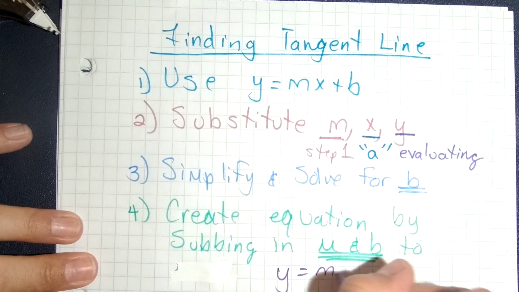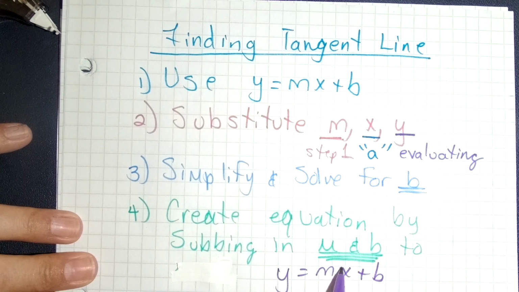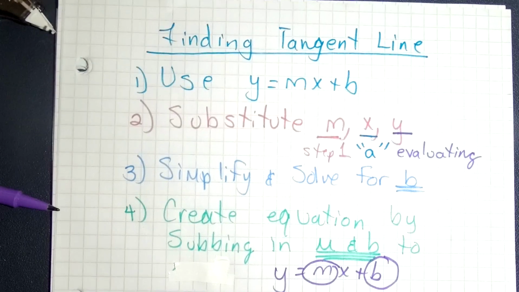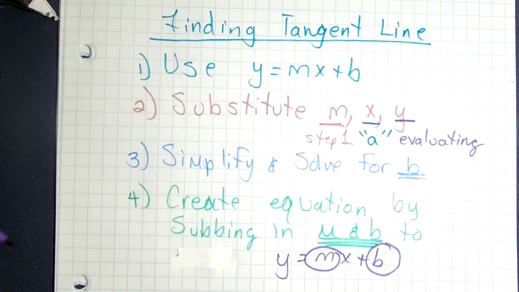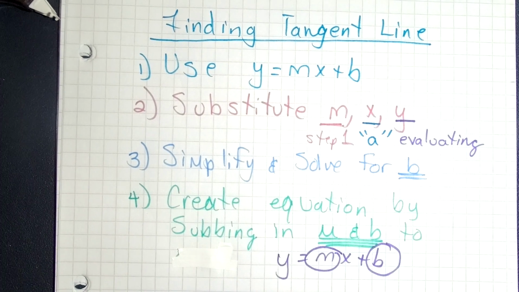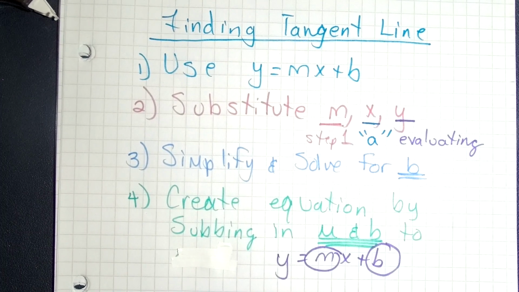So you're only going to substitute in m and b into y equals mx plus b. X and y will stay there. When you're finished copying this down, take out the notes, the practice sheet that I gave you.